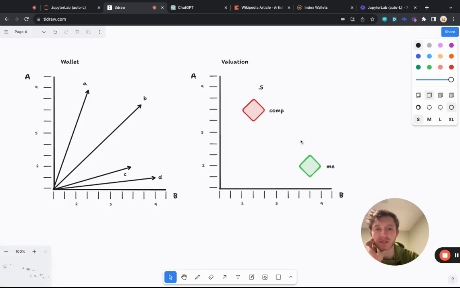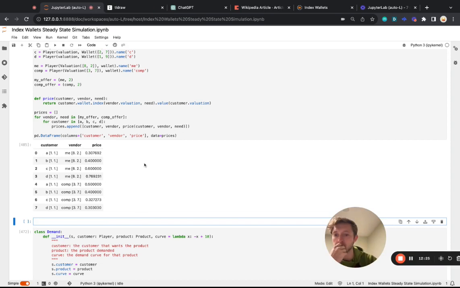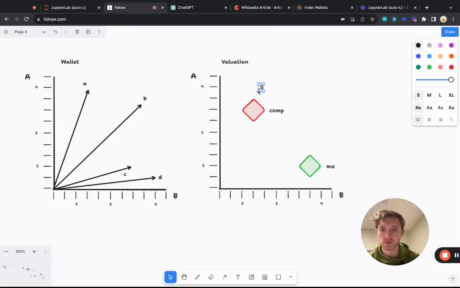Yeah, this makes sense. I might not be communicating it well yet. B is 0.4. So where is B? It's out here. Oops. Sorry. B is 0.4.